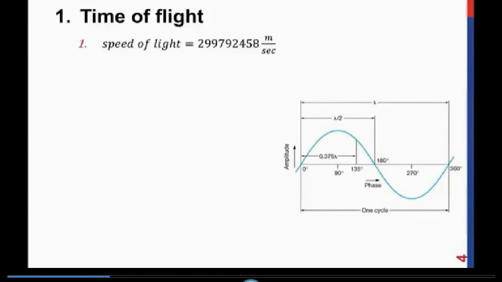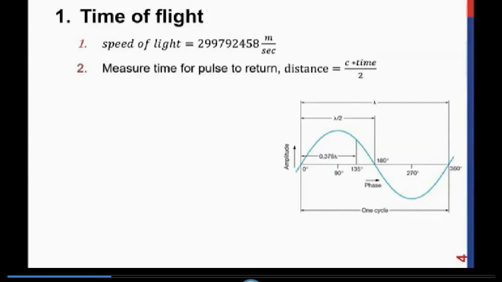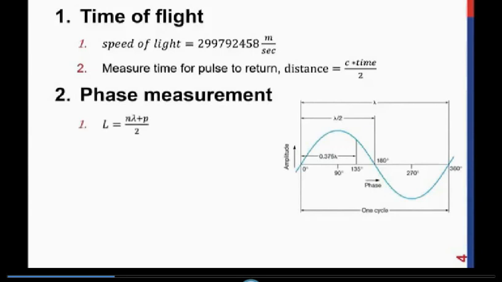In the first method, we know the speed of light, and we measure the time taken by the electromagnetic pulse emitted from the device to hit the reflector and come back to the device.